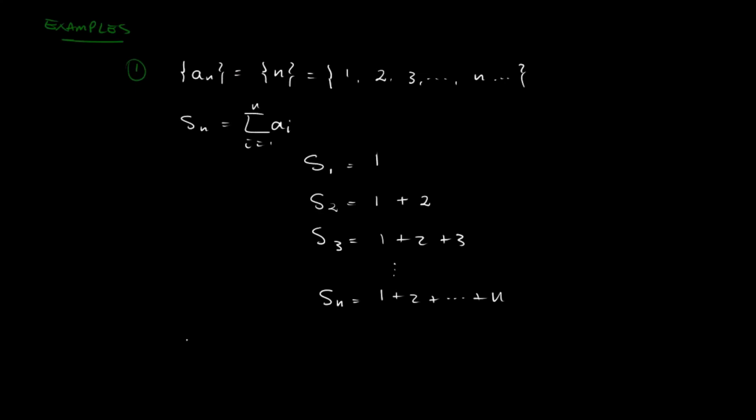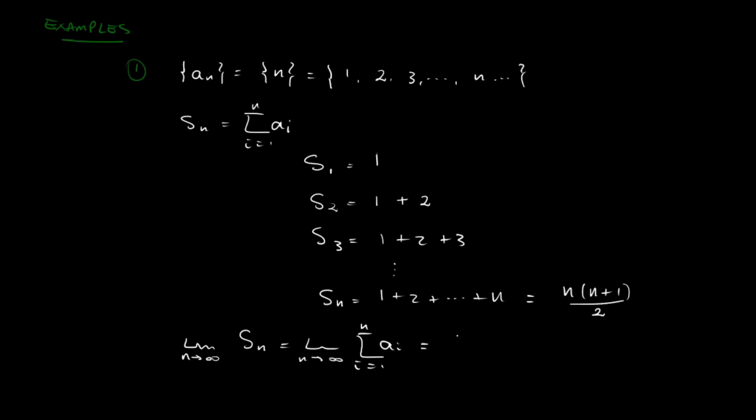So what we want to find is the limit when n tends to infinity of s of n, and that is the limit when n tends to infinity of the sum from i equals 1 to n of a sub i. As we've seen in videos in the Algebra 1 series, this sum is n times n plus 1 divided by 2.